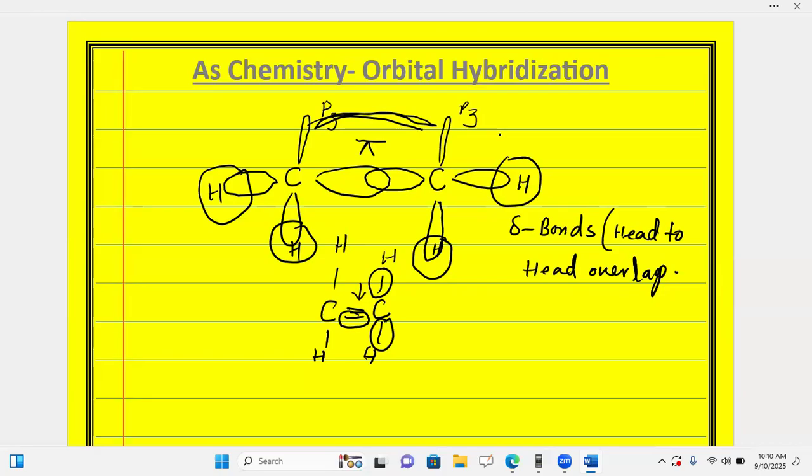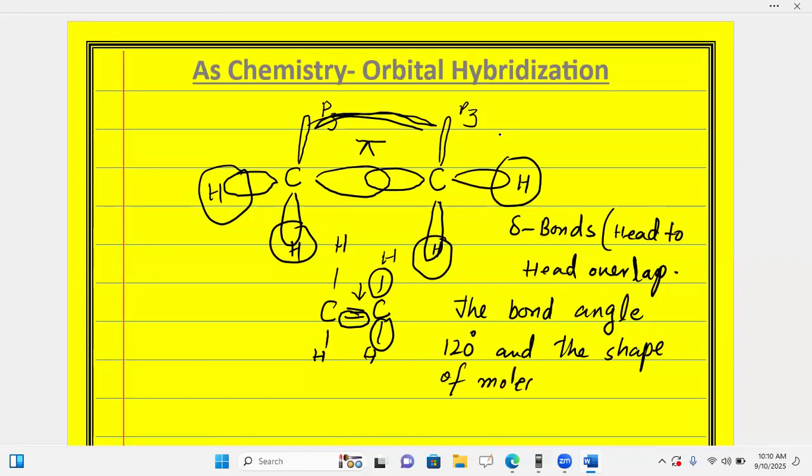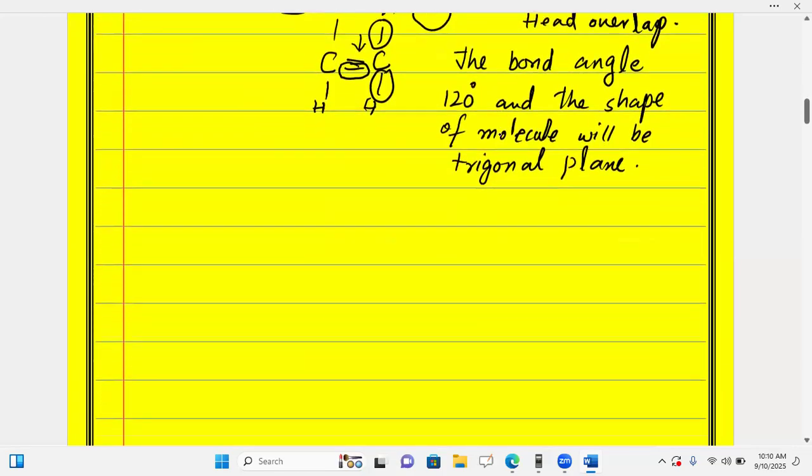Here the bond angle for sp2 will be 120 degrees, and the shape of the molecule will be trigonal planar.